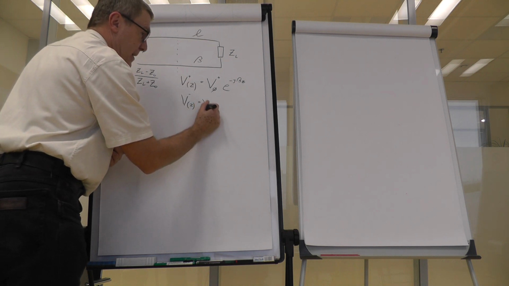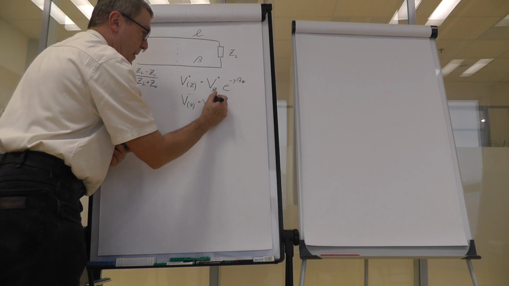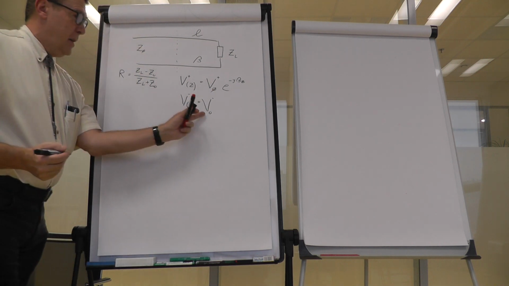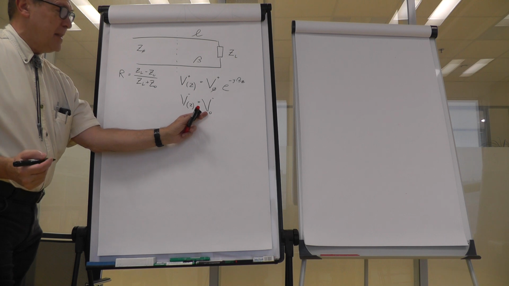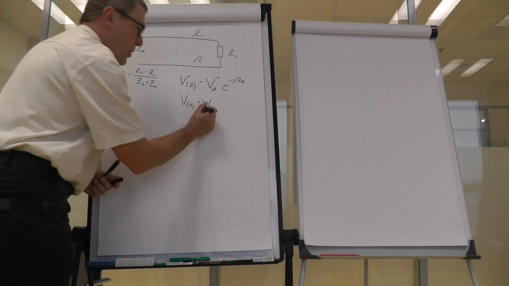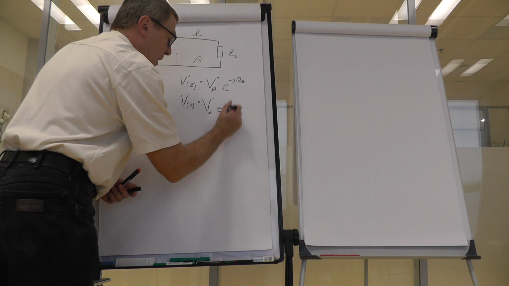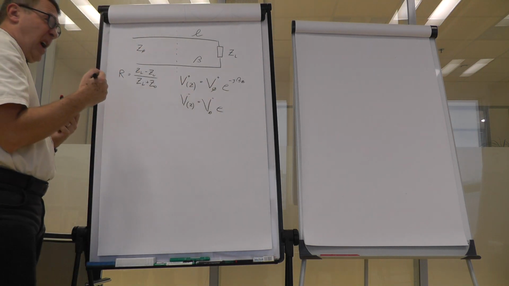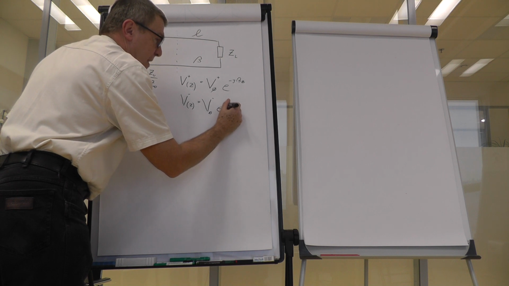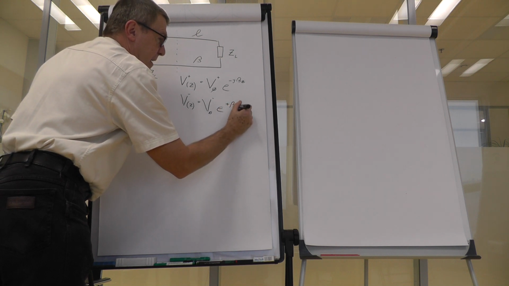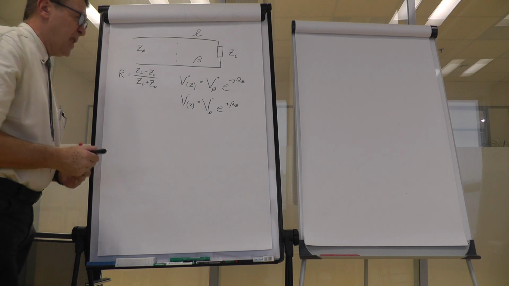And that is again given by the value of the voltage wave at z equal to 0 times, but now the propagation direction is opposite, so we would have plus beta z in the exponent.